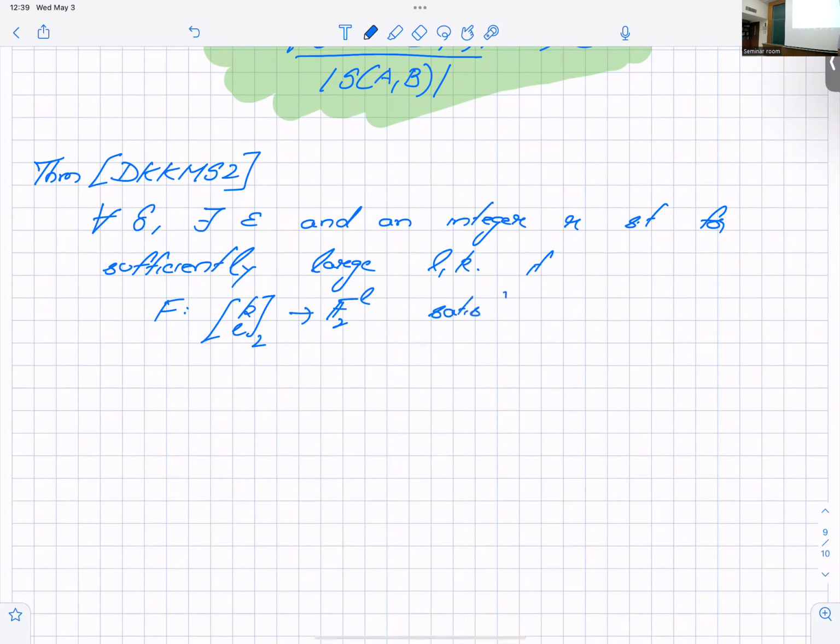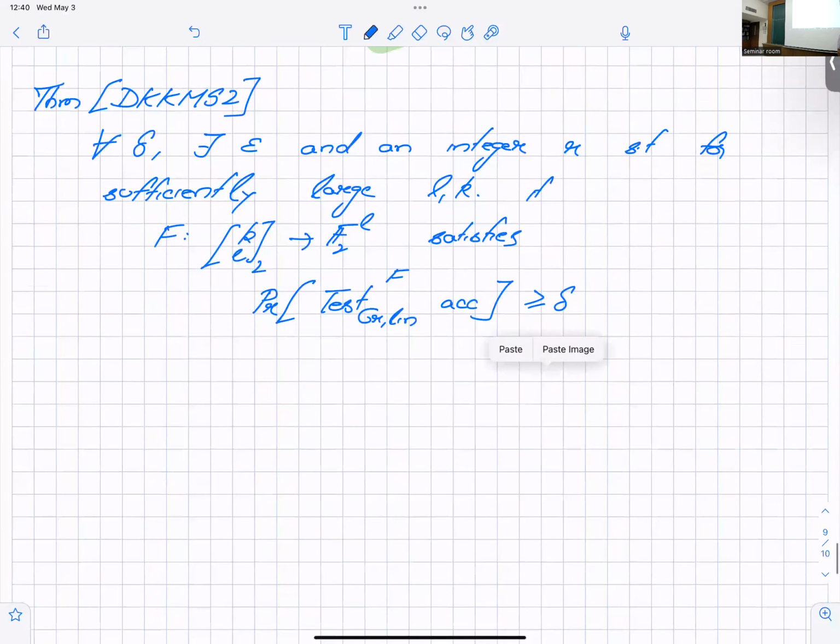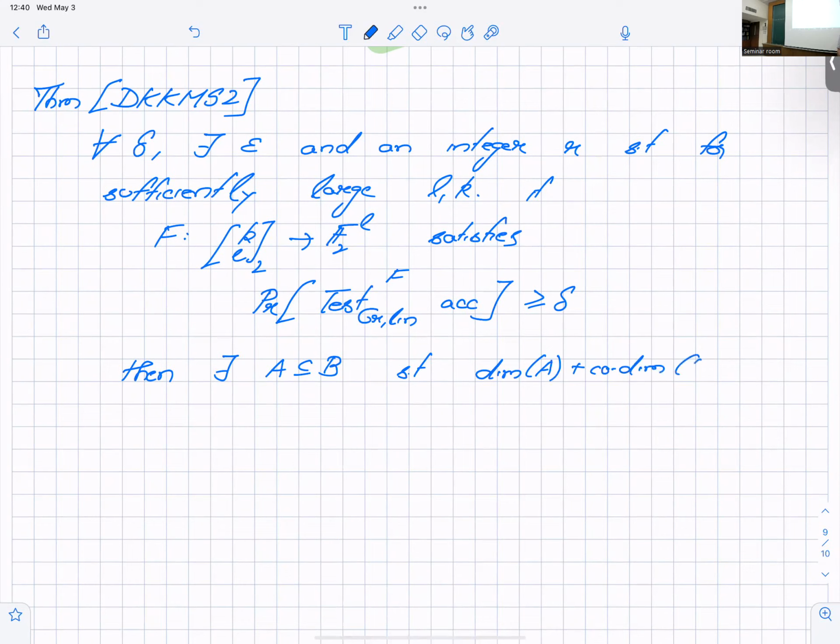satisfies, let me just say, the probability that the Grassmannian test on f accepts is at least delta, then there exists A subspace B such that dimension of A plus codimension of B is less than or equal to R and a global linear function F such that probability.